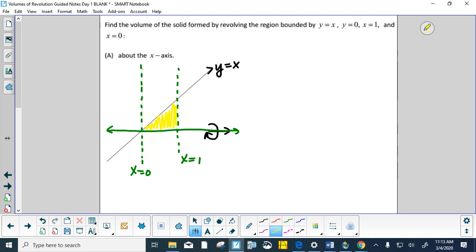So my rectangle of area is going to be oriented in the dx direction. And since my area is adjacent to the axis of rotation, what kind of shape do we have? We have a disk. So this is a disk.